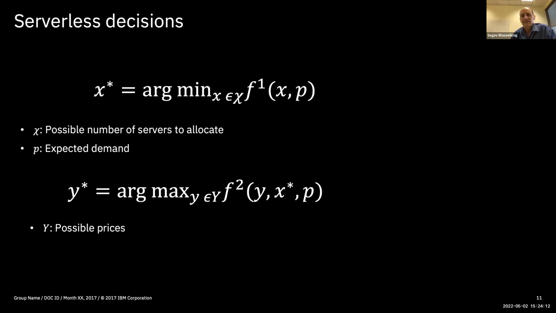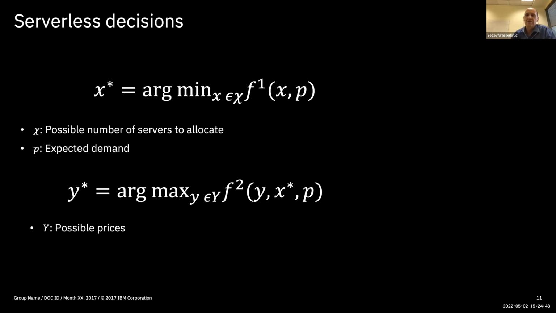How would this be carried out using a traditional one-sided or one-party optimization problem? I have some model of the demand. I use some queuing model or some simulation model. I calculate the number of servers given this queuing model, and then I calculate the pricing for how much it costs me to keep up these servers, and then I charge the prices based on that number of servers. That's the typical approach.